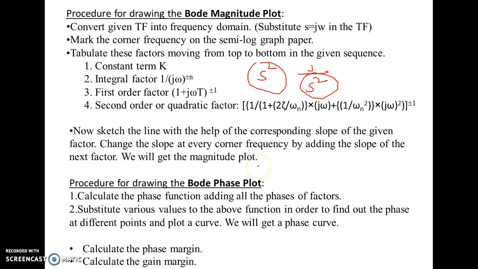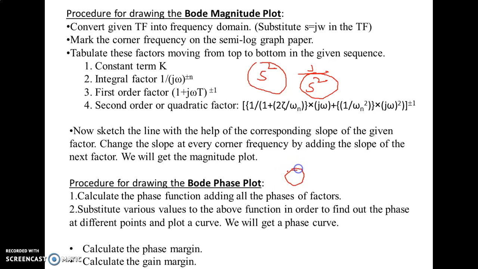Similarly, for drawing the phase plot in the Bode diagram, there is a simple way we can calculate. It is not that tough compared to the magnitude plot, because there we are using semilog paper, but here the way of calculation is very easy. It is like a normal graph paper only. First you have to find the expression for the phase value phi.